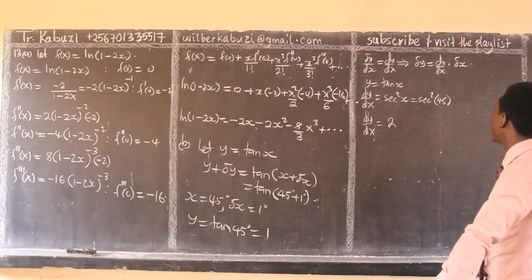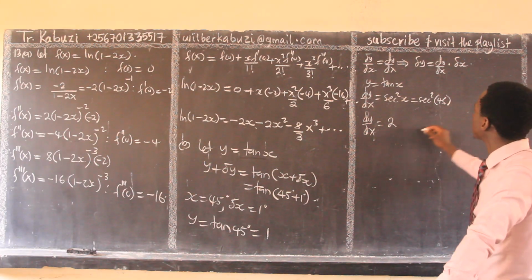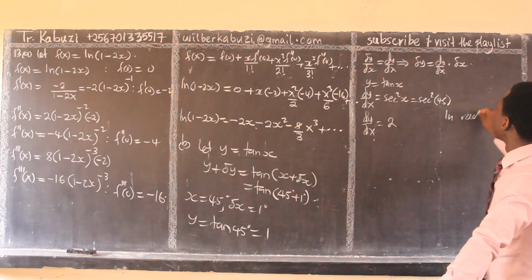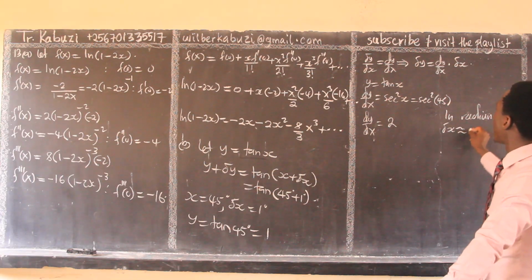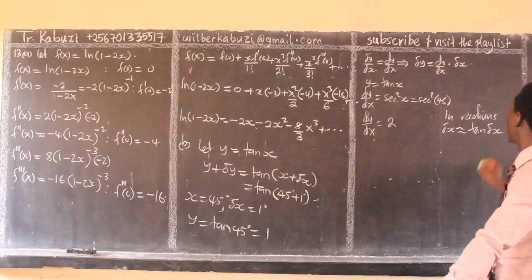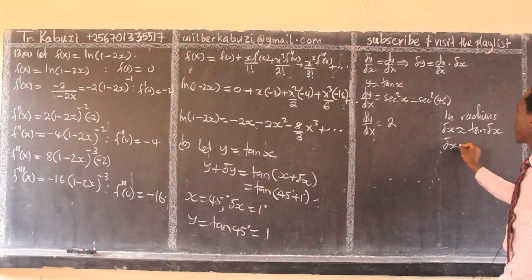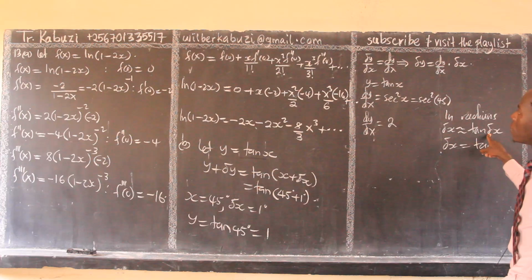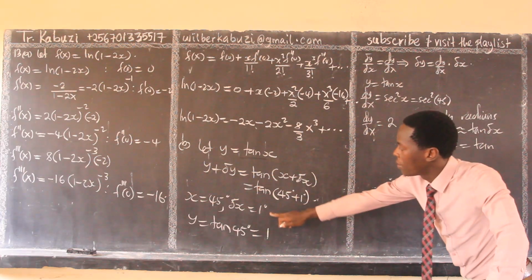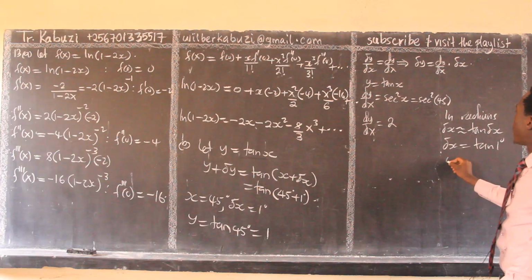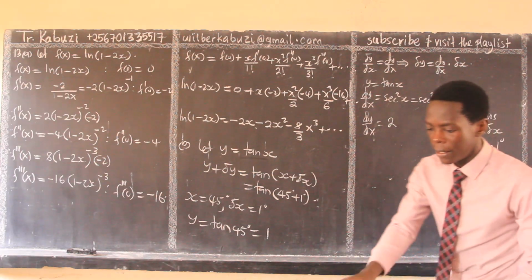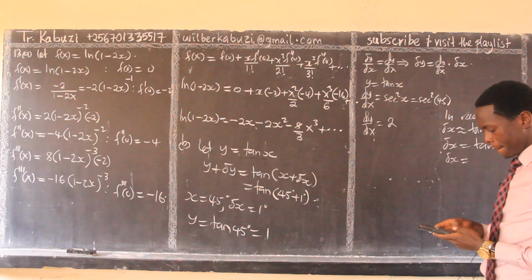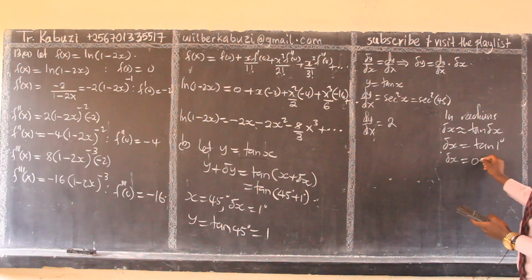Then I come to my delta y. Remember, in radians, our delta of x approximates tan of delta of x. That now my delta of x will be tan of delta of x, which was from here 1 degree. So now my delta of x will be tan of 1, which is 0.01746.